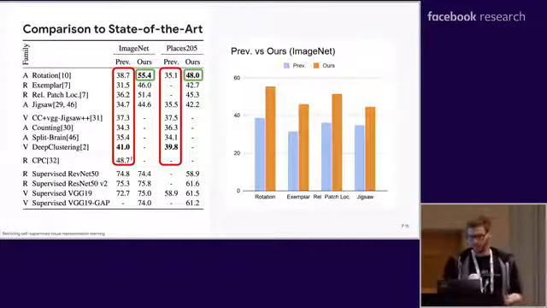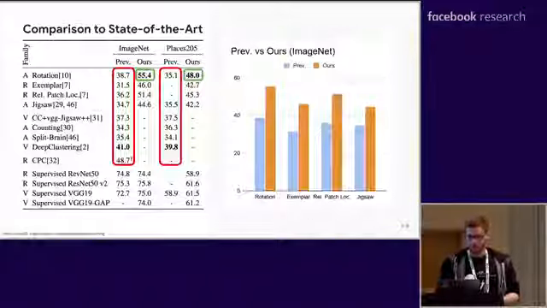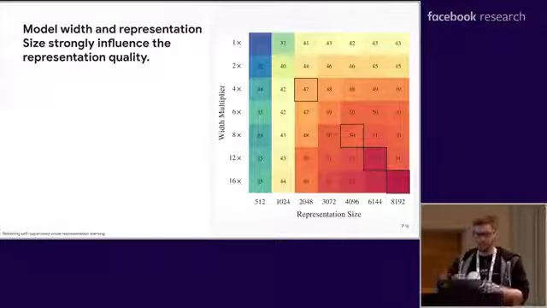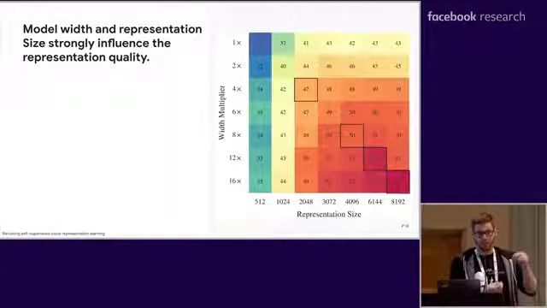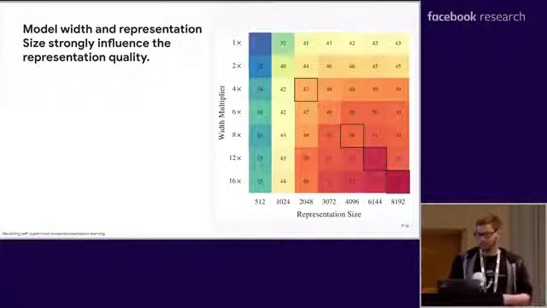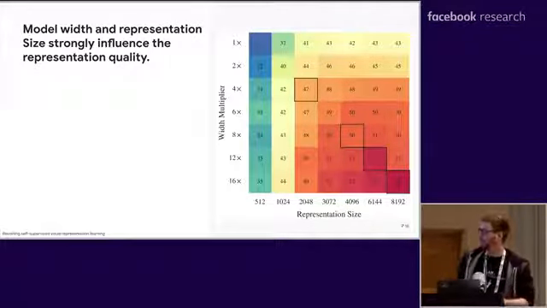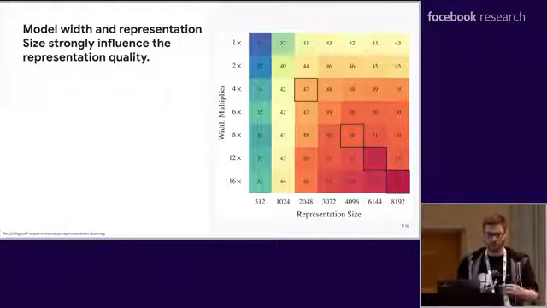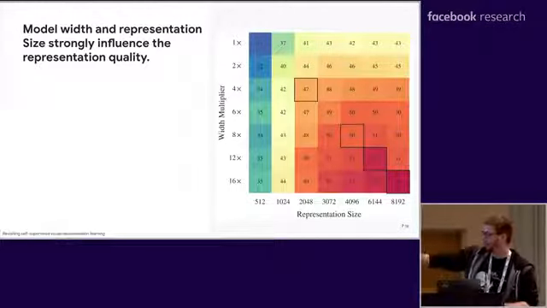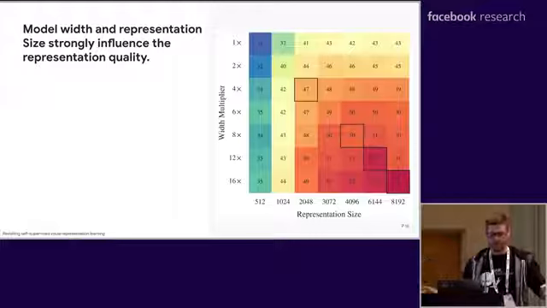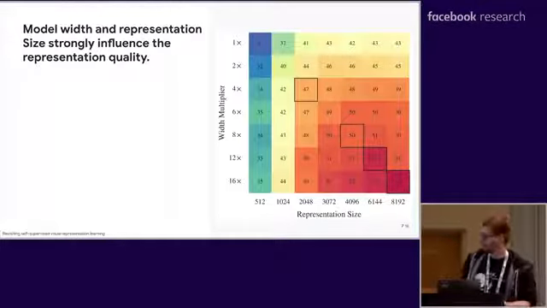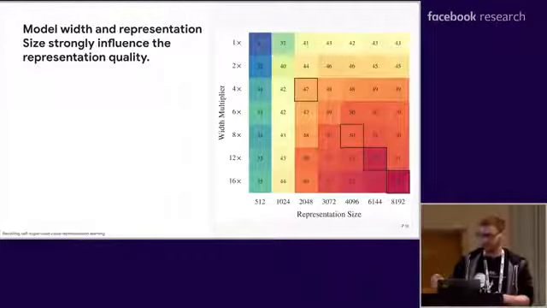So that could be a confounding factor, and we wanted to check: is it the representation size that matters, or the network capacity, the width? For one specific instance of these experiments, we control both of these separately, explicitly, and both matter, as you see here. Bottom right, which is the widest network and the largest representation, is by far the best. But varying each of them individually deteriorates as they get smaller.